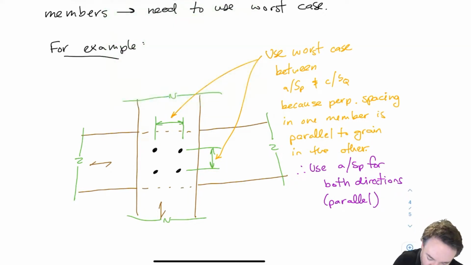And then what about these, which are the edge spacings in both of these? There's no end spacing here because I'm not anywhere close to the end of a piece of wood. So if I'm way in the middle of a piece of wood and my end is like a meter off that way, then I don't really have to worry about my end distance. So here I'm worried about my edge distance.